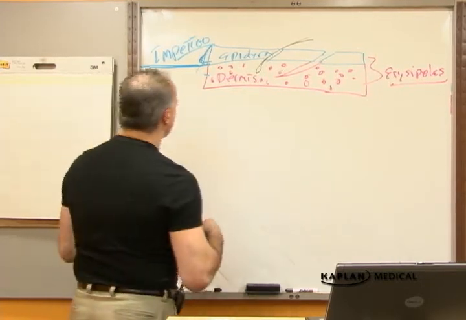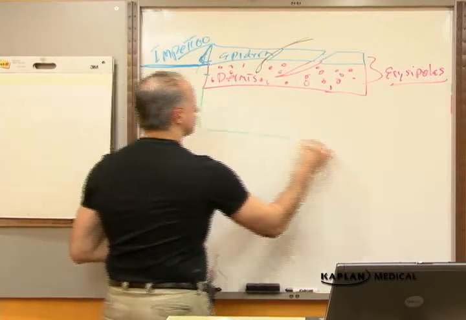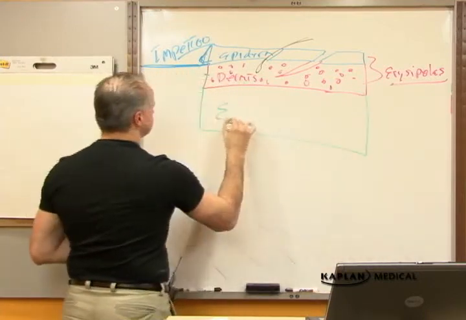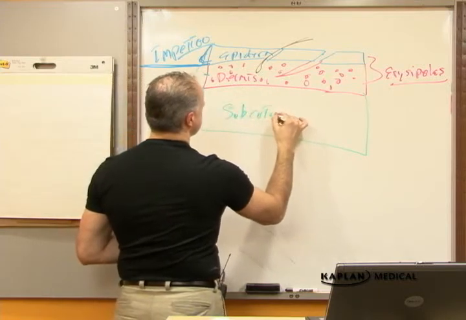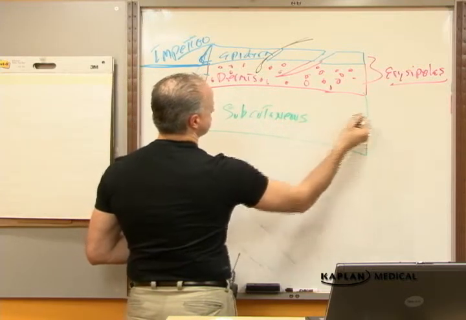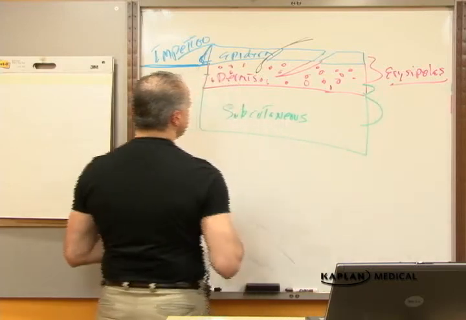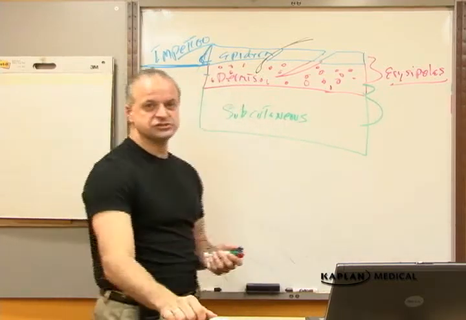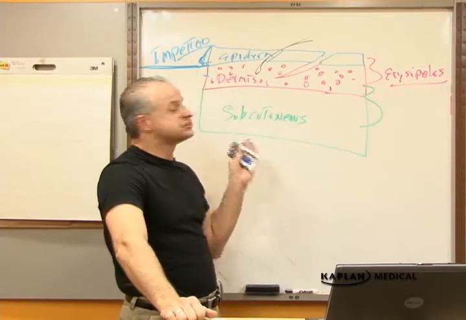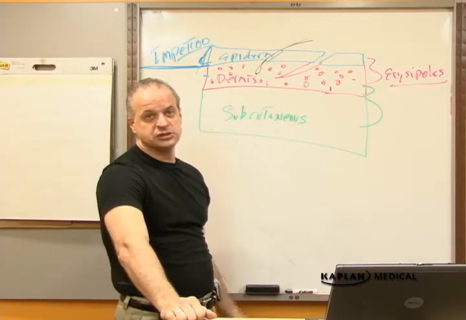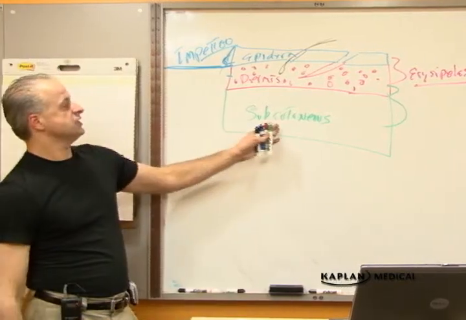Now, the deepest of all the bacterial skin infections goes all the way down into the dermis and the subcutaneous tissues. Into those subcutaneous tissues is cellulitis.